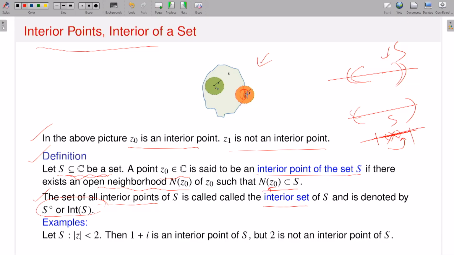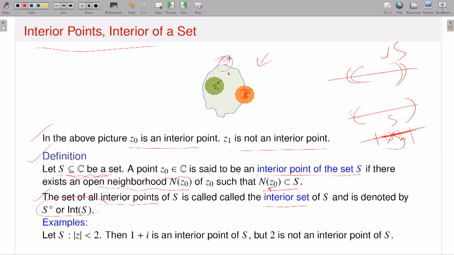In fact, that open ball cannot be inside the set, because this portion will always be left out. So whatever open neighborhood of that point I consider, this open disc will not be fully contained in that set. Therefore this is not an interior point.